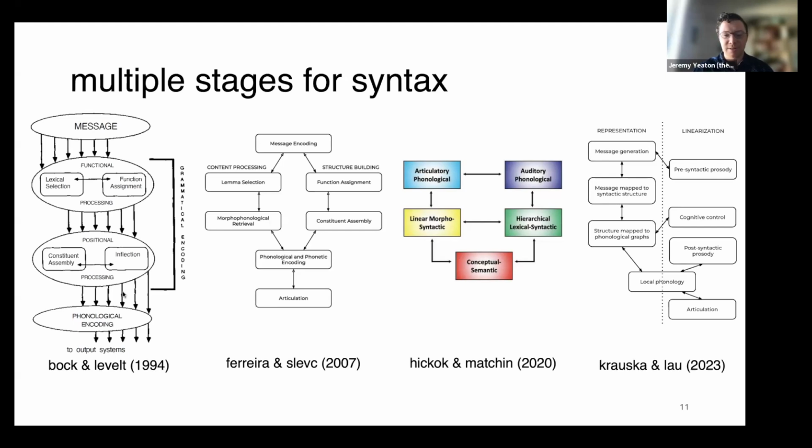And these four hand-selected figures from the theoretical models of sentence production seem to converge on two streams. So you have functional versus positional processing. I forget what this side is officially called. Oh, content processing versus structure processing. It's right there. Linear versus hierarchical, and representation versus linearization.